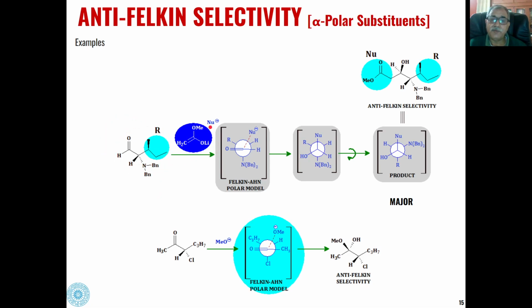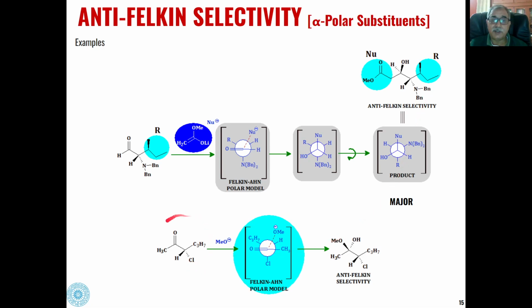Now when the nucleophile is to attack as per the Felkin-Anh polar model, this group will be considered as the group anti to the attack of the nucleophile or perpendicular to the carbonyl system. So this transition state will lead to the formation of product with anti-Felkin selectivity.